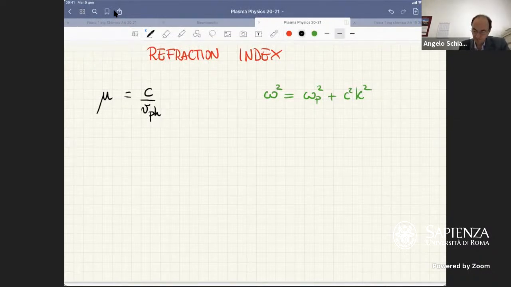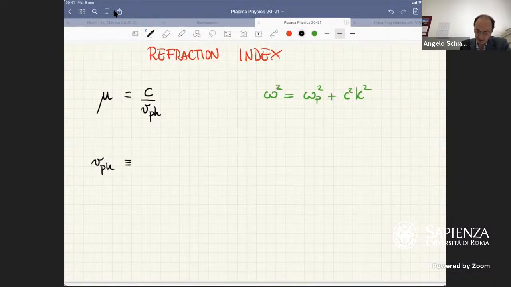So we see that the phase velocity, v phase, is defined, as you remember, as the ratio omega over k.